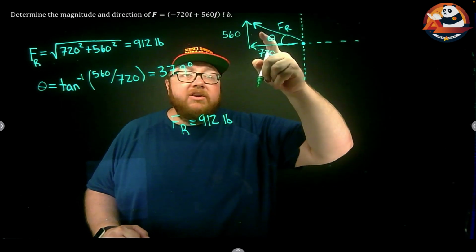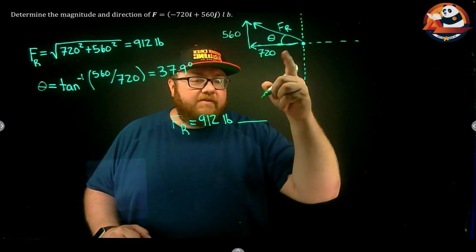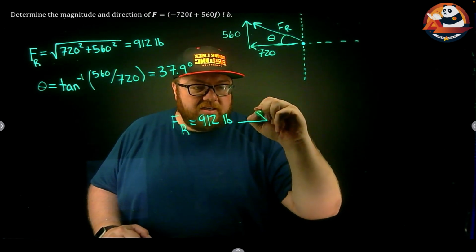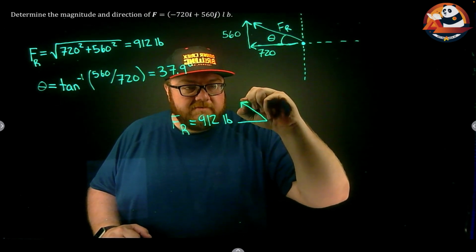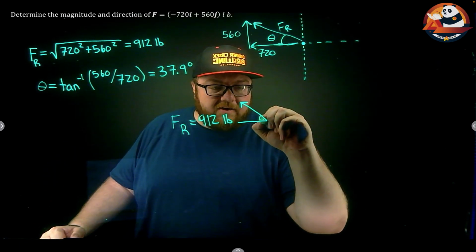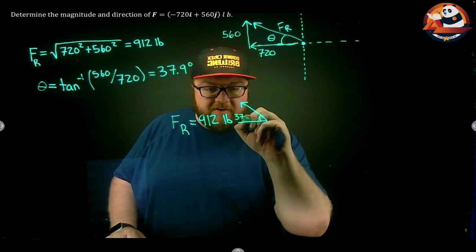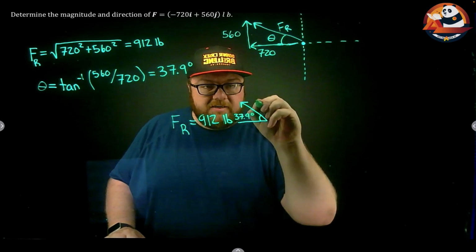And my angle, I know, is in the second quadrant, so I'll show it coming from the negative x-axis and going up into the second quadrant, because that's exactly what's happening here. I can label that angle 37.9 degrees.